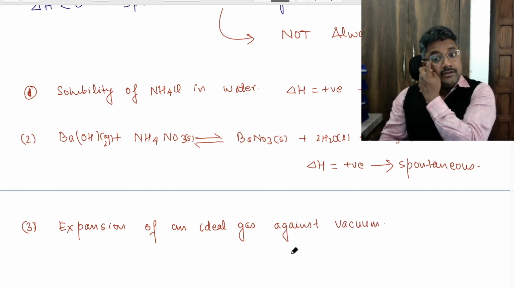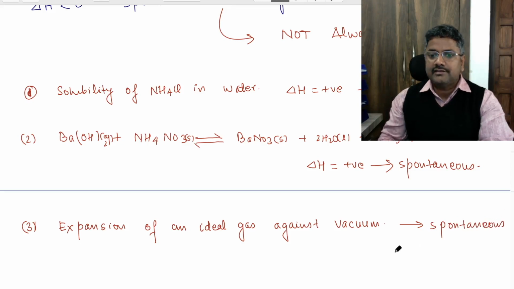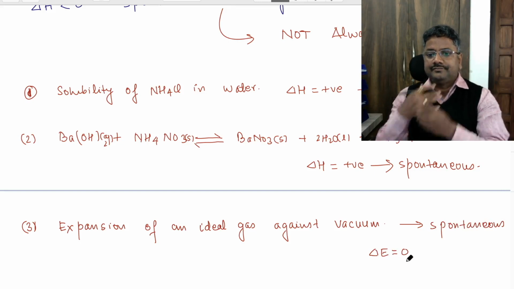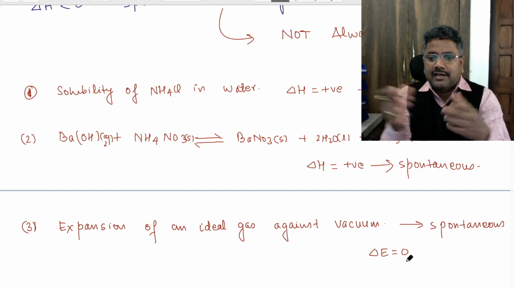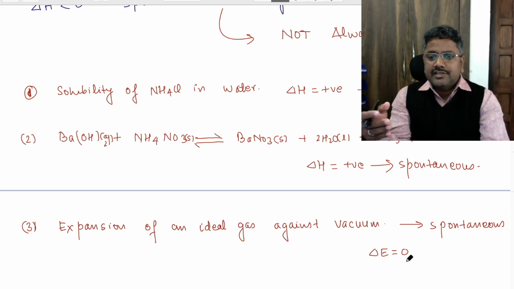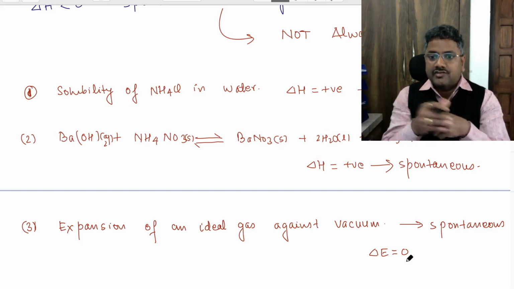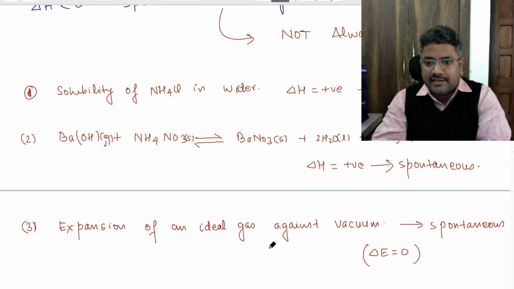So this process is spontaneous, but delta E is equal to 0 for this. There is no change in the temperature of the gas, although expansion is taking place, but there is no change in the internal energy, right? And the process is spontaneous in the given direction.